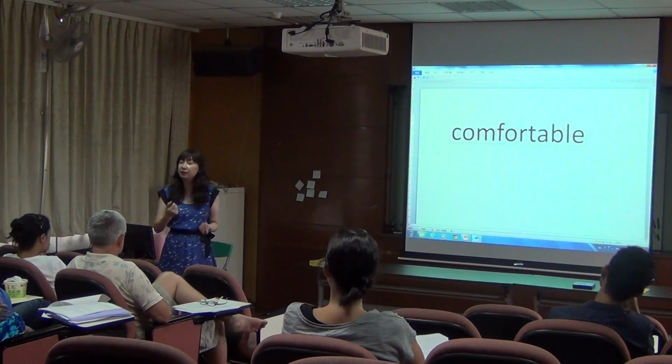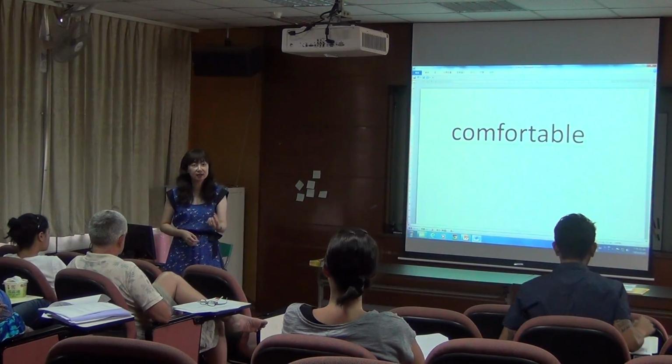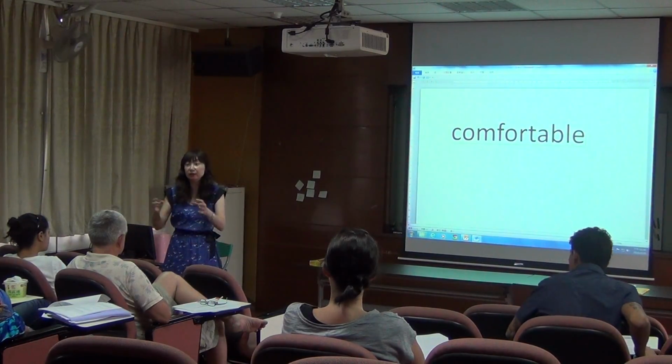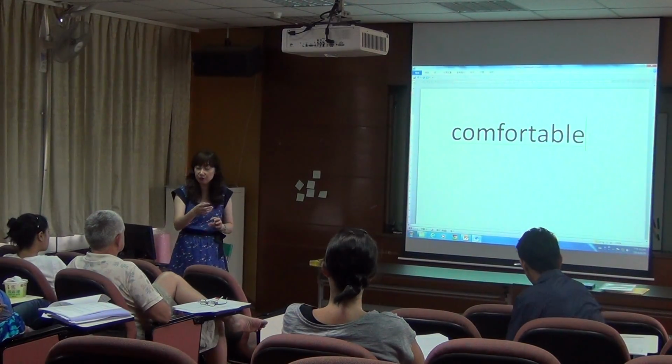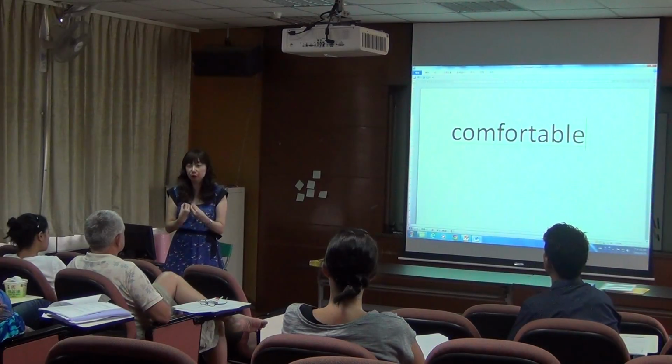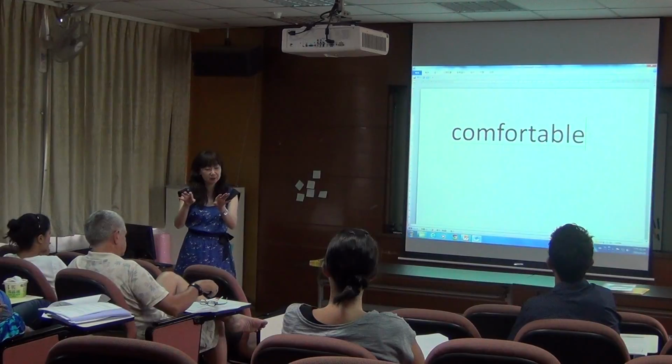I give them a sound hint. I say com-for-ta-ble. And then when it comes to the next week, the second time reviewing the words, of course, I will reduce the clues, and then hopefully they'll be able to spell them.